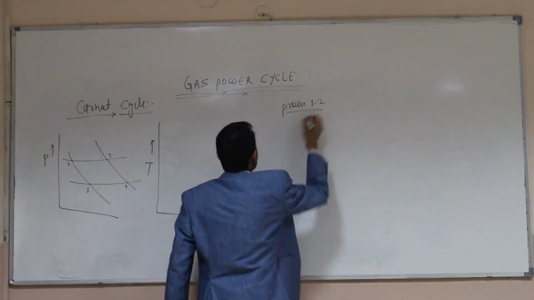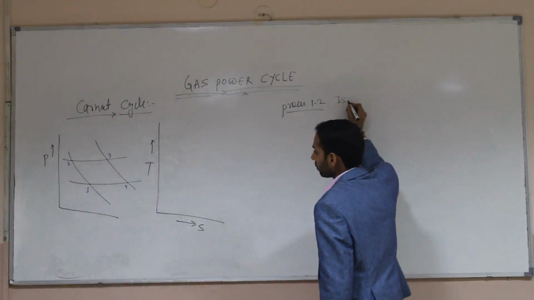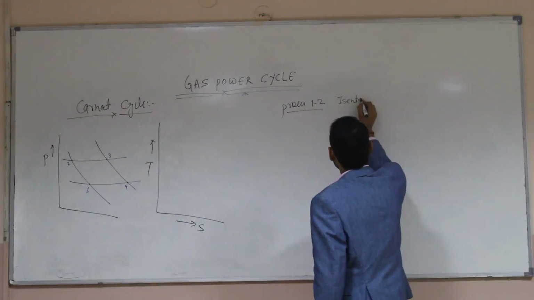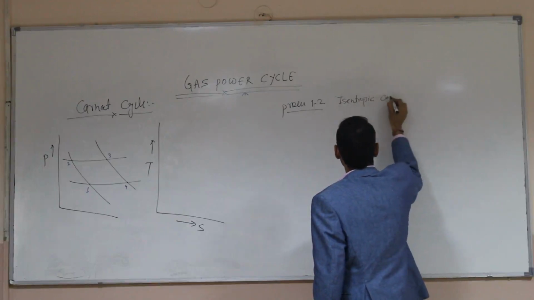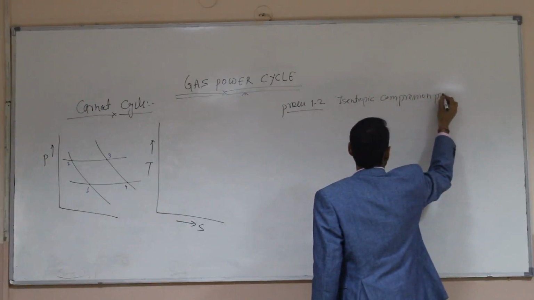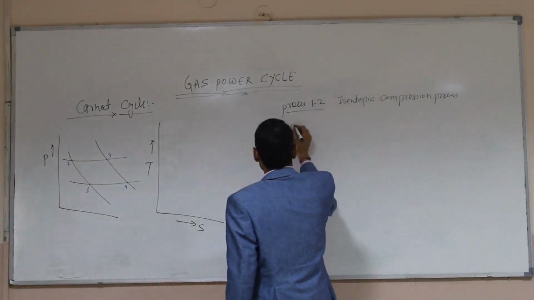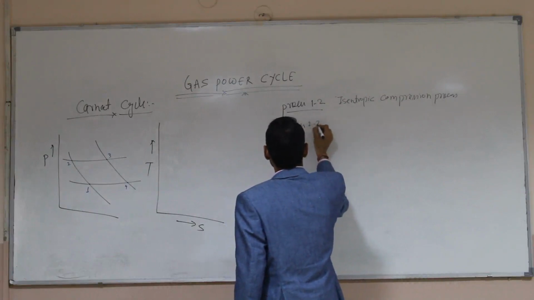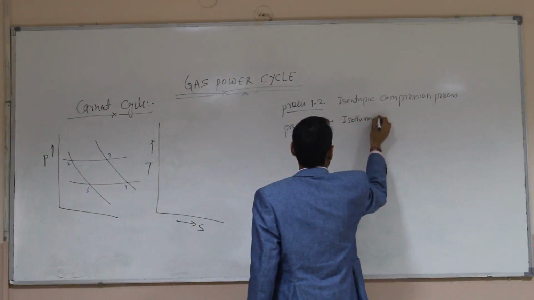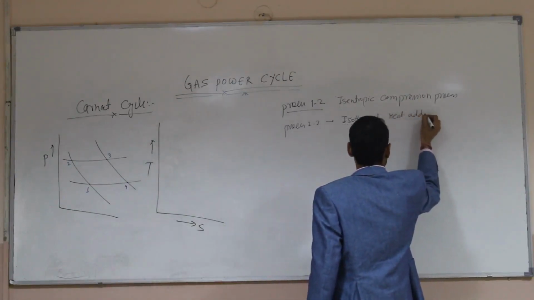Process 1 to 2 is isentropic compression process. Process 2 to 3 is isothermal heat addition.